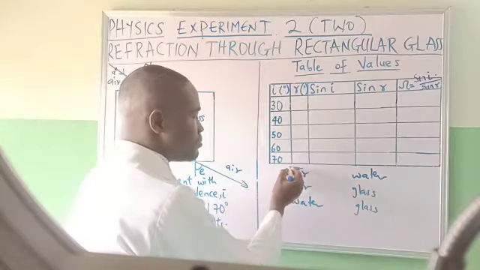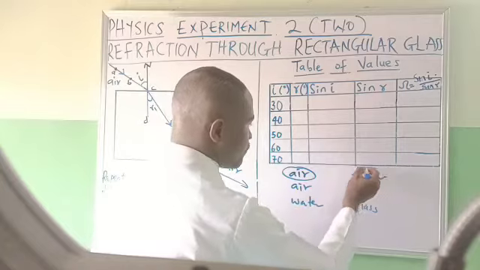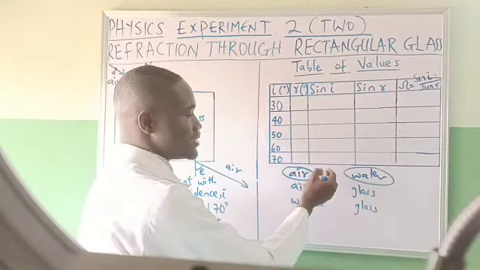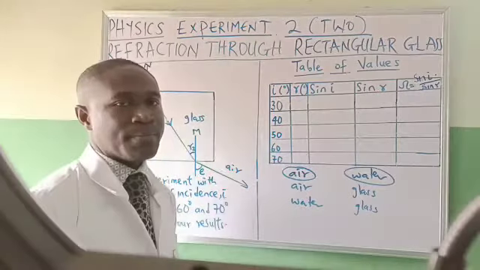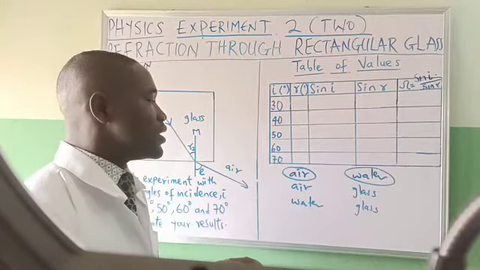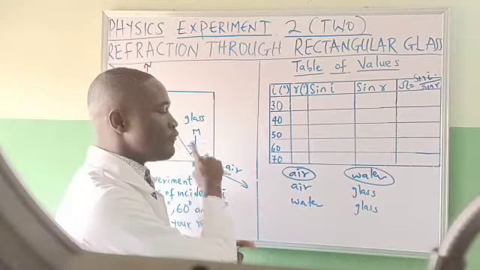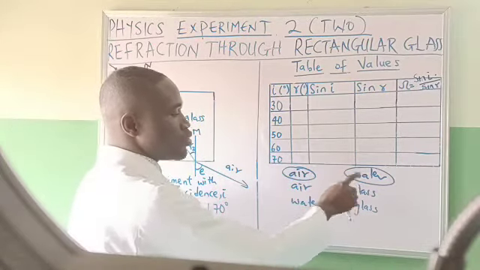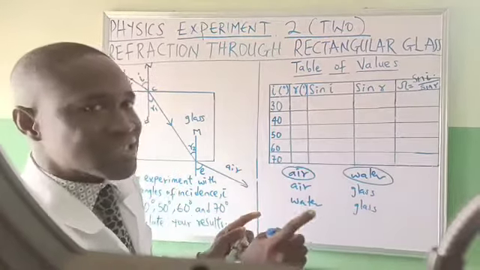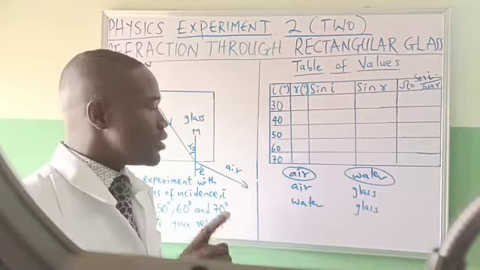the two media involved are air and water, air is less dense while water is denser. And so, as a light ray moves from air to water, it will refract toward the normal.